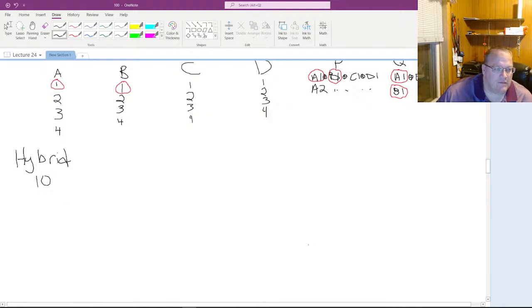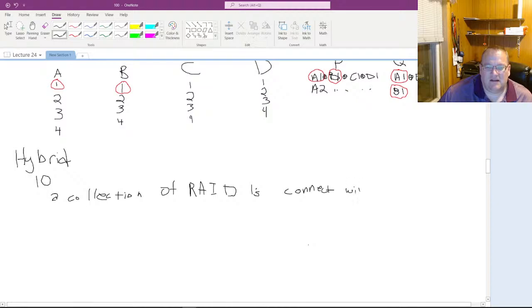That's 1, 0. So this is a collection of RAID 1s connected with RAID 0.